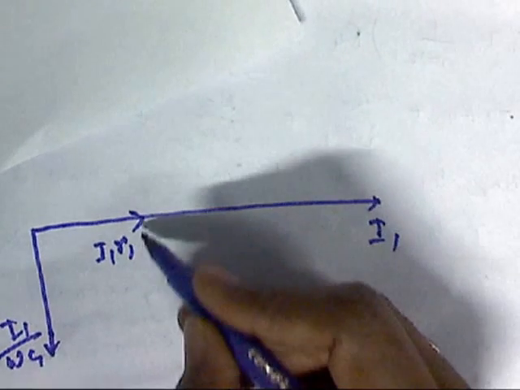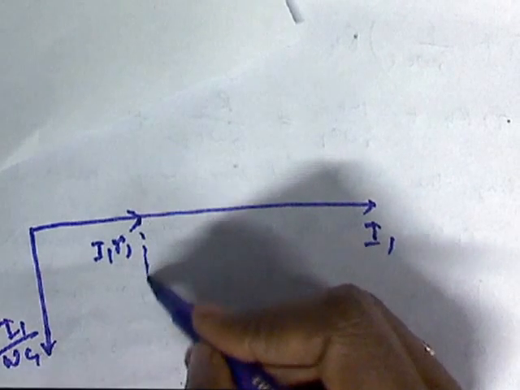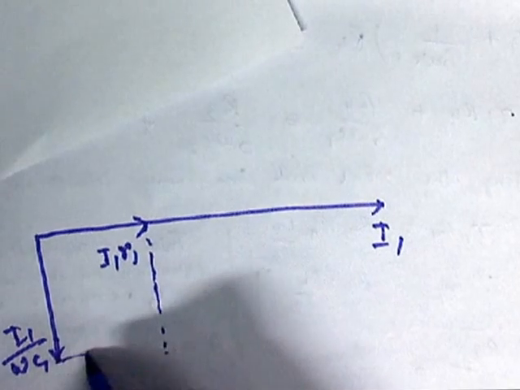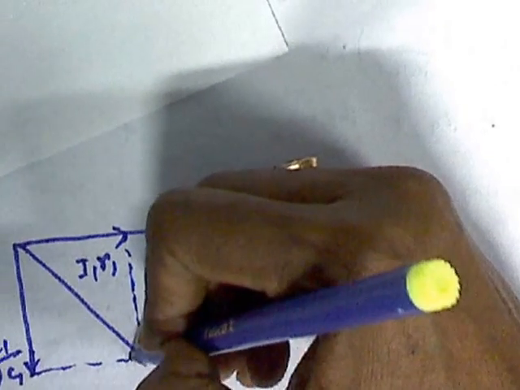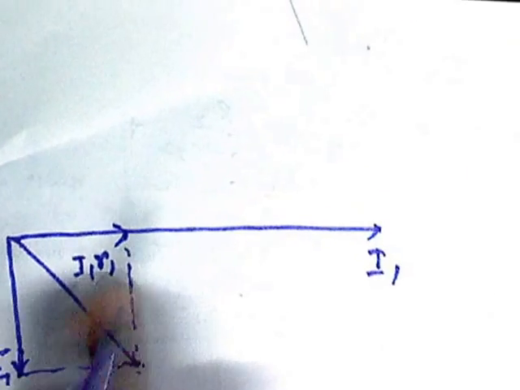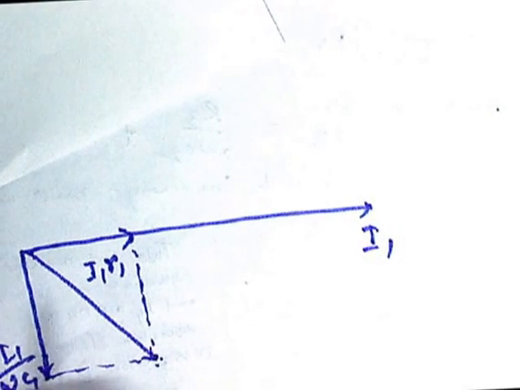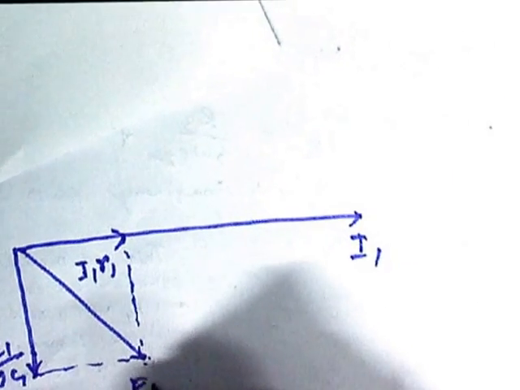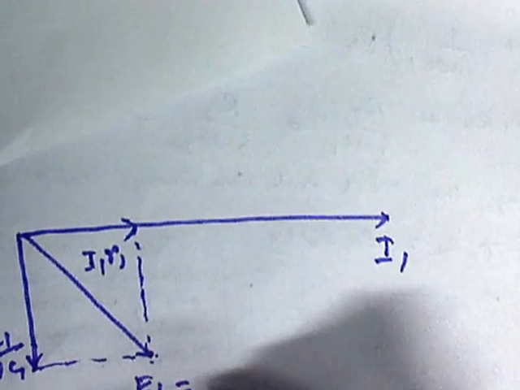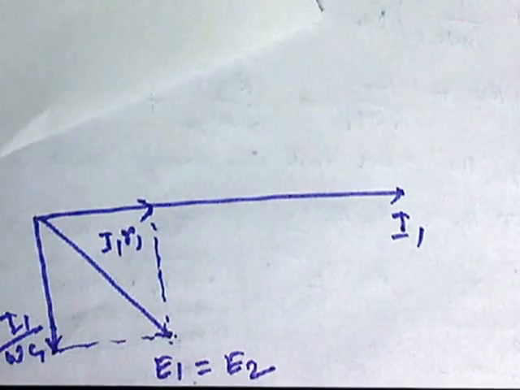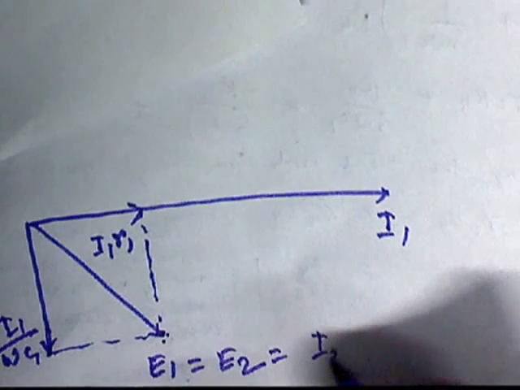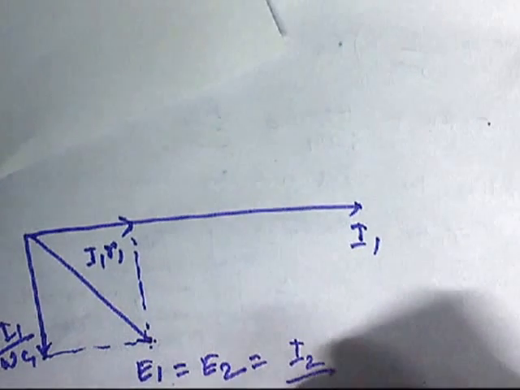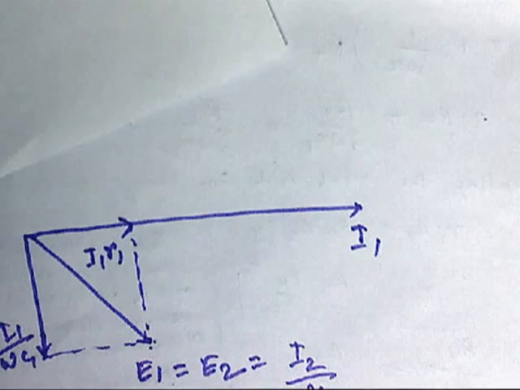Now the phasor sum of I1 R1 and I1 by omega C1 is equal to E1. Now this E1 is equal to E2 at balance condition, which is equal to I2 by omega C2.